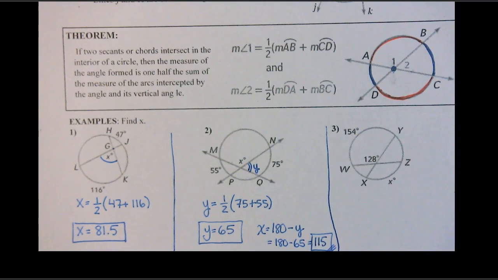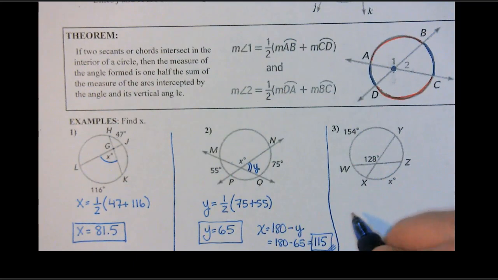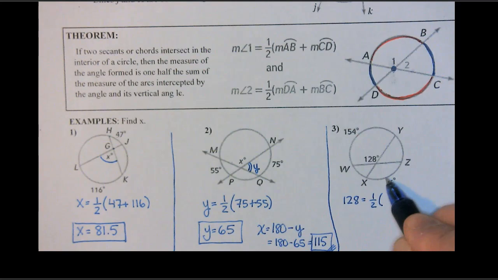All right, let's do another one here. This one, I do have the angle. What I don't have is the measure of the arc. So let's first set up the equation, which says this angle 128 equals 1/2 the sum of these two arcs, so X plus 154.